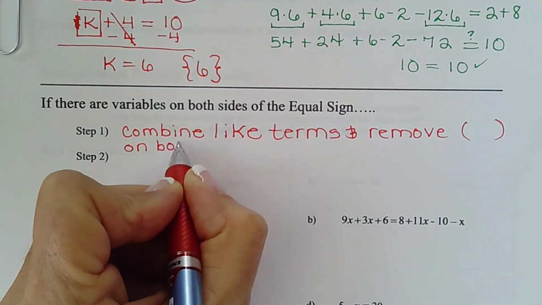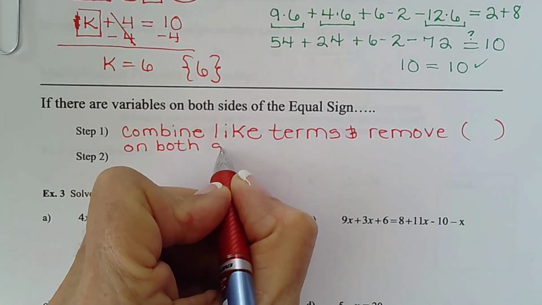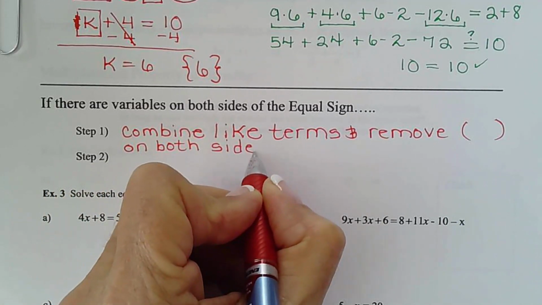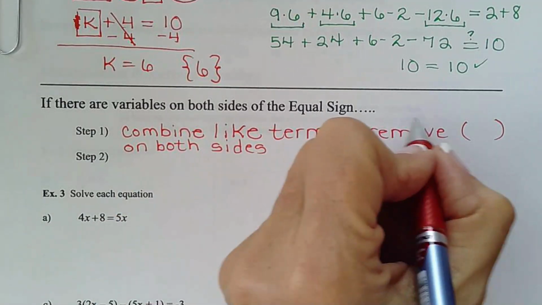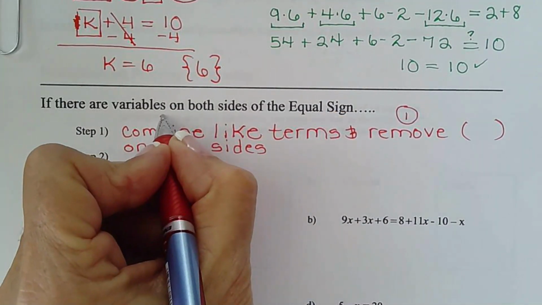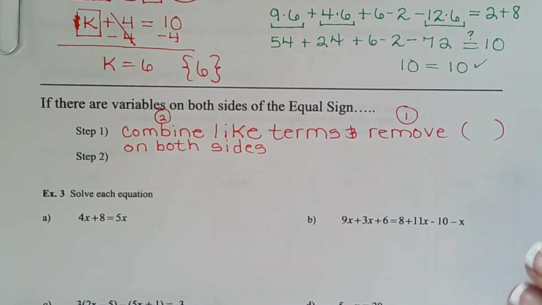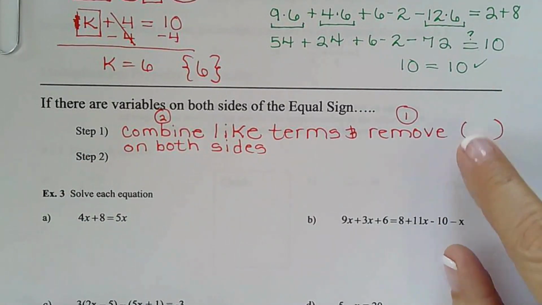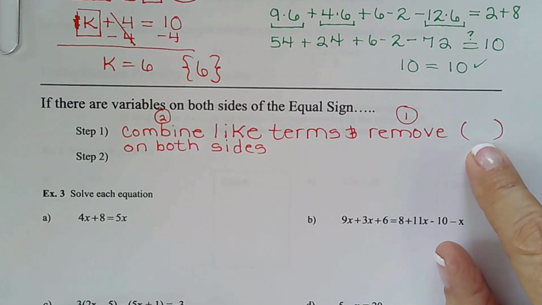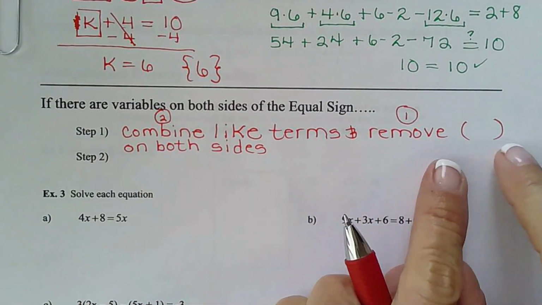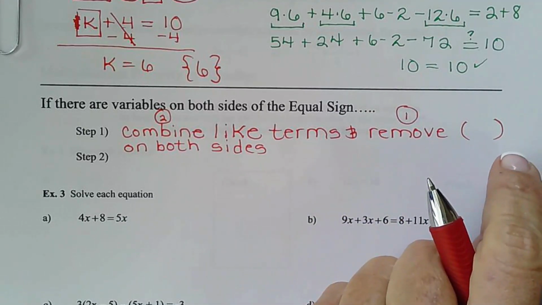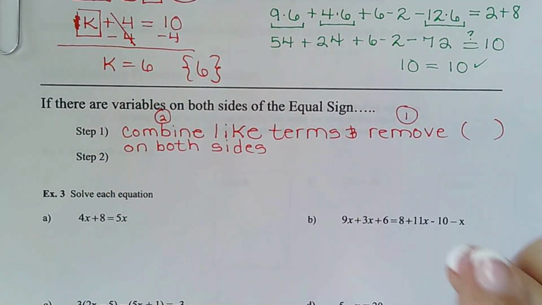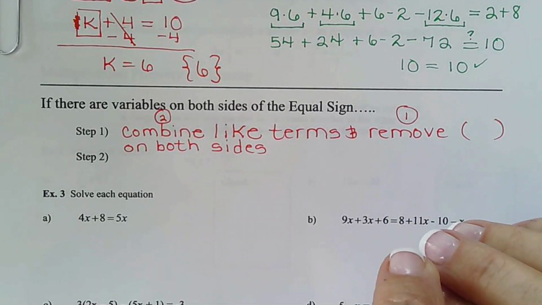So we always have to simplify first. And we remove parentheses first, then we combine like terms, because we know from PEMDAS, parentheses are always first. So remove any parentheses by doing distributive, combine like terms on each side.